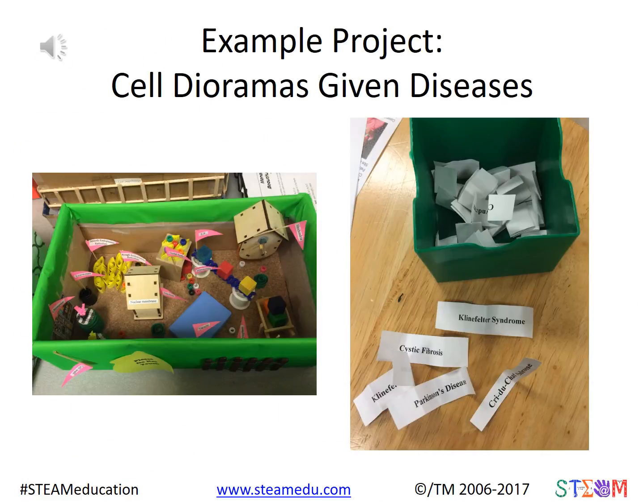Here is an example science-based STEAM project. We asked students to make a one-room house and label it with parts of an animal cell. Then they were assigned a disease that affects cells, and they had to adjust their apartment cell to reflect what happened as the disease progresses. They connected knowing what a functional house has with the concept that a cell is like a mini house that needs to function in its neighborhood.